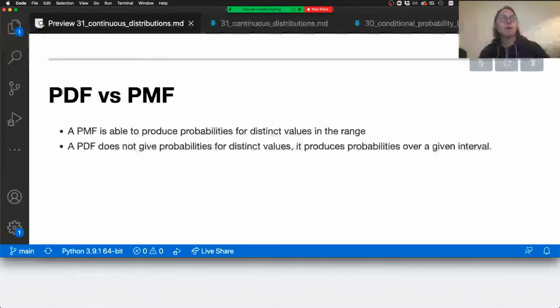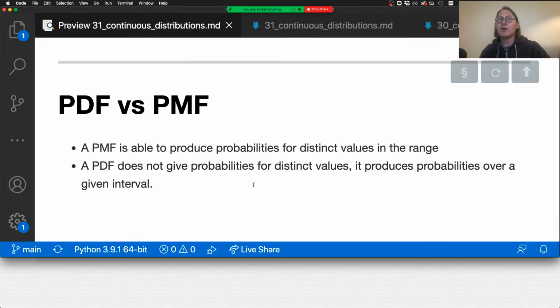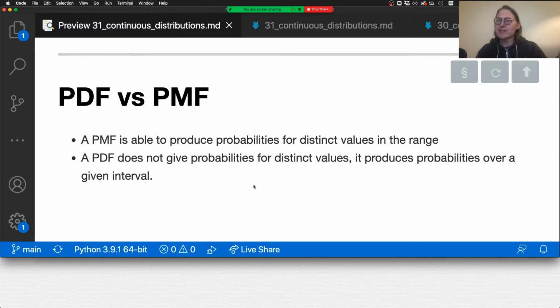So for continuous random variables, we use a probability density function as opposed to a probability mass function. The only real difference here is, the PMF gives us a probability for a discrete outcome, right?